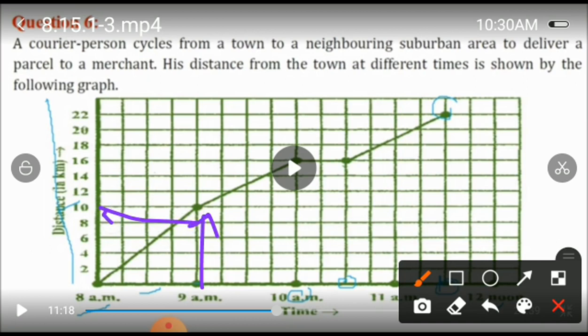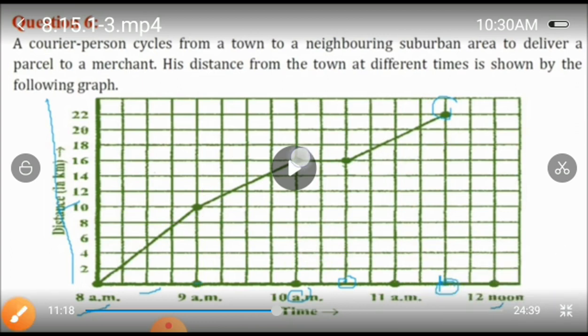From 9 to 10 it reaches up to the 16 kilometer. And he is taking some rest from 10 to 10:30. This time period he may be taking a rest. Yes, afterwards he started from here at 10:30 and reached the final stage at 11:30 at a distance of 20 kilometer. Did you get the idea, dear student?